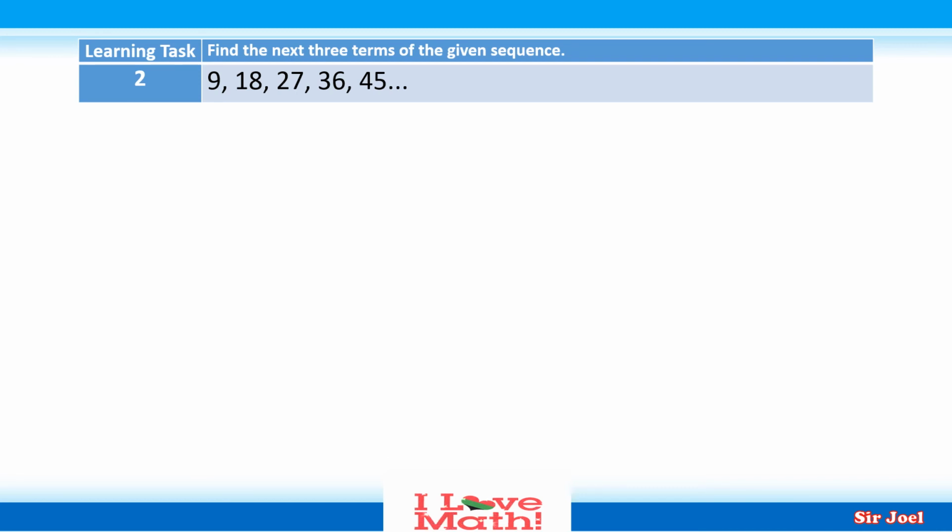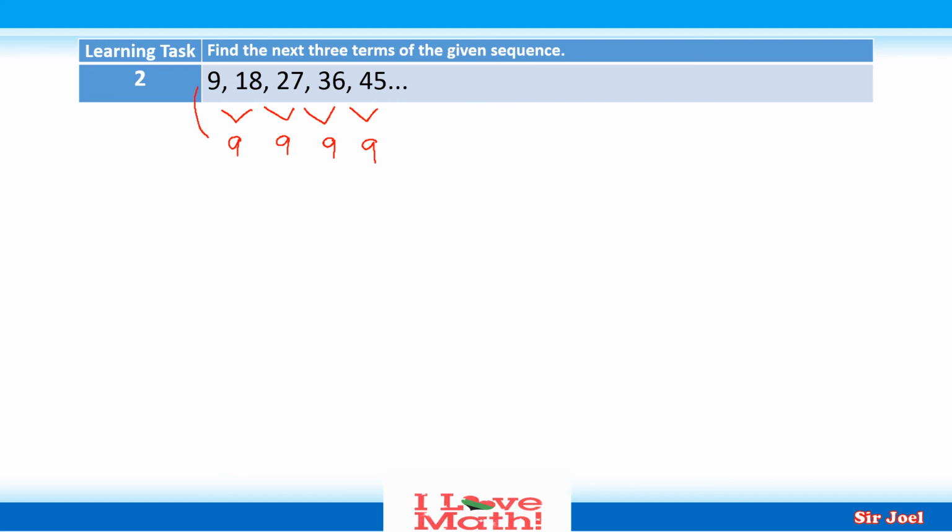Okay, tingnan natin. 9, 18, 27, 36, 45. Meron kayang common difference? 18 minus 9, the answer is 9. 27 minus 18, the answer is 9. 36 minus 27, the answer is 9. 45 minus 36, the answer is 9.